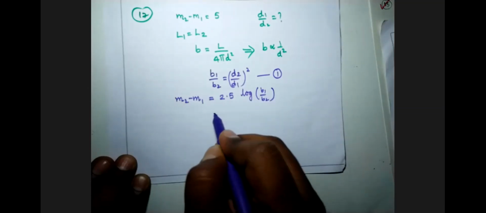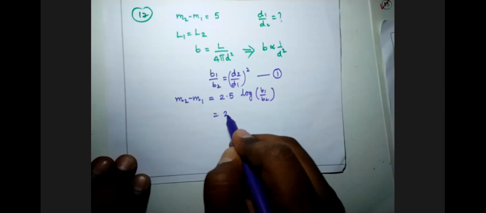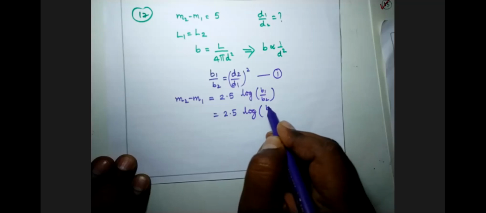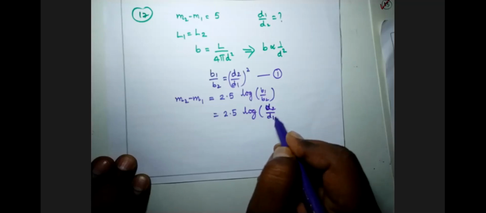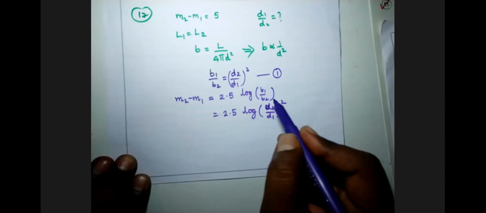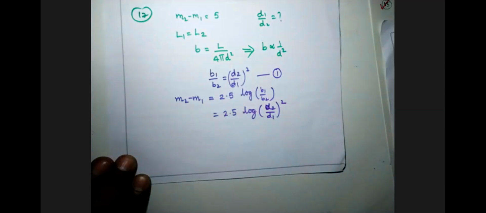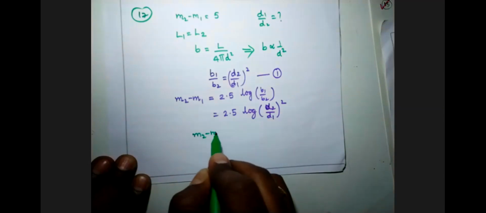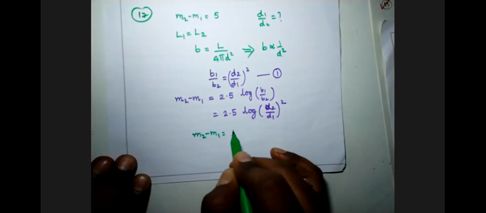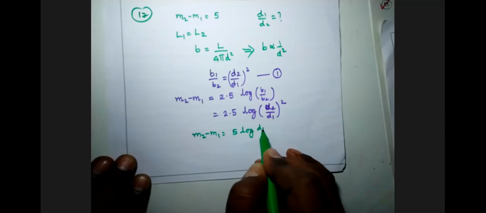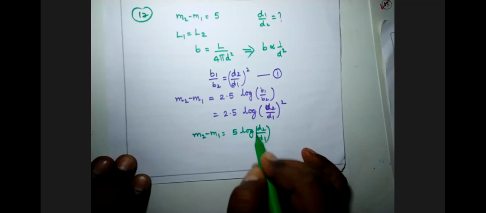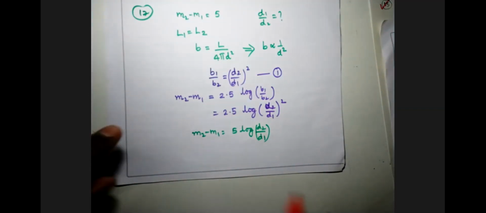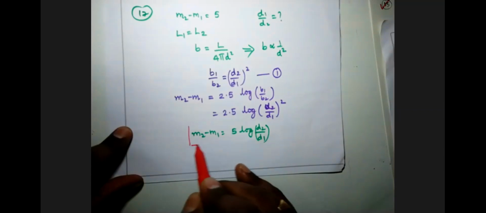Using equation 1, substituting for B1 by B2, we get M2 minus M1 is equal to 2.5 log of D2 by D1 whole square. It implies M2 minus M1 is equal to 5 log of D2 by D1. This is the relation between apparent magnitudes and distance.